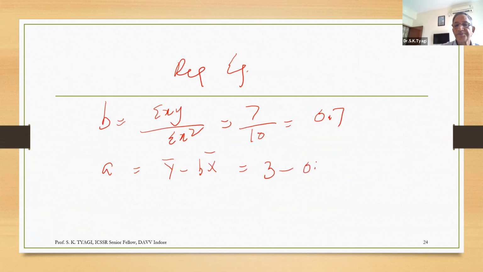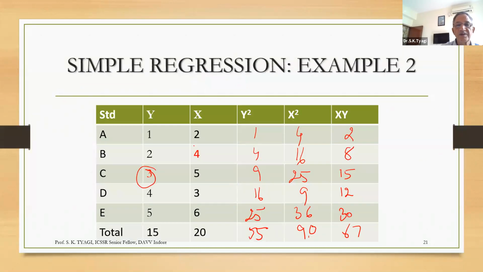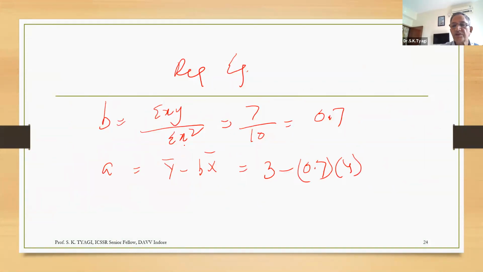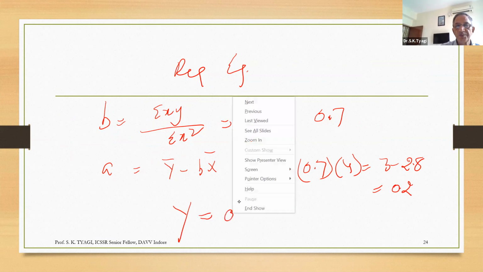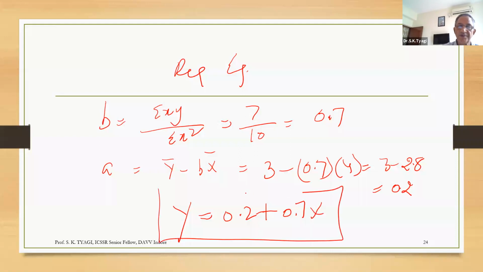Mean of x is 4. So put this value: 3 minus 2.8 is equal to 0.2. Therefore, the regression equation is y is equal to 0.2 plus 0.7 into x. This is our regression equation.